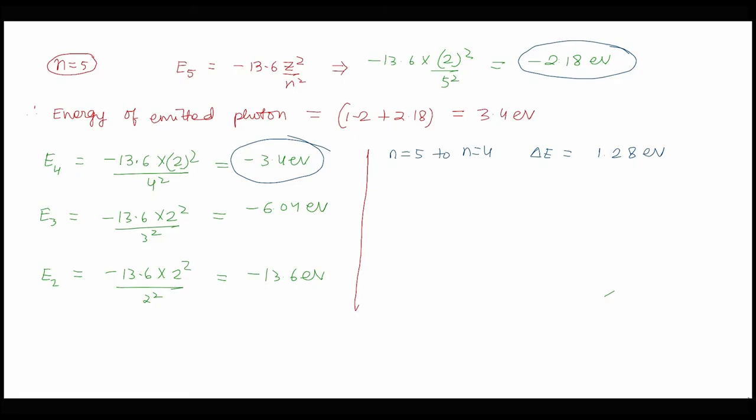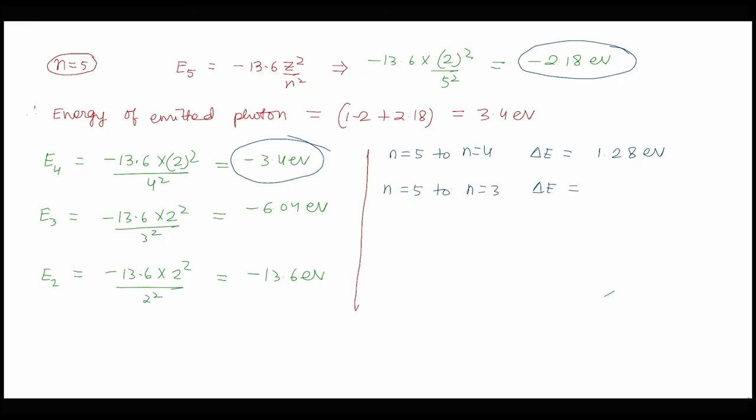Now the next one is the transition from n equal to 5 to n equal to 3. n equal to 5 has a value of 2.18 electron volt, and n equal to 3 is 6.04 electron volt.